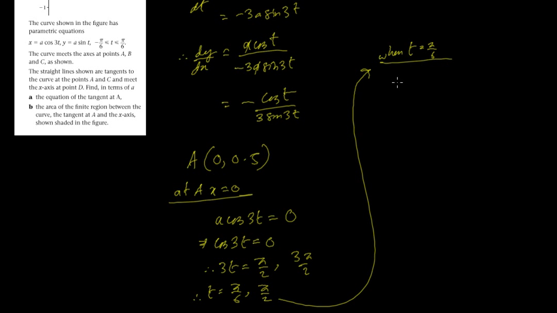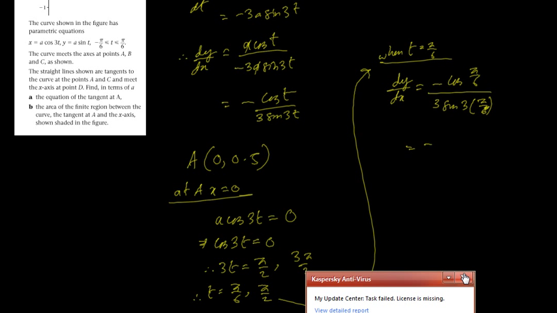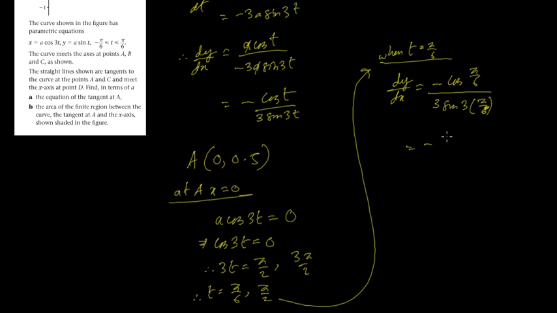Now we have to find the gradient, dy by dx. It would be minus cos pi by 6 divided by 3 sine 3 into pi by 6. Pi by 6 means 30 degrees. Cos 30 degrees is adjacent by hypotenuse, that means root 3 by 2, divided by 3 sine pi by 2.